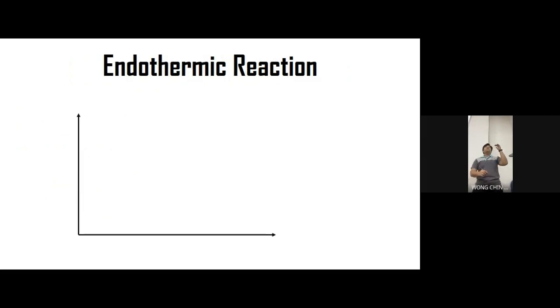If the bond forming just now is an exothermic, endothermic will be bond breaking. A very simple bond breaking is your water, all right, breaking into your hydrogen gas and also your oxygen gas. So if you involve something like this, your bond breaking, this guy, H2O, all right, pecah jadi hydrogen gas, pecah jadi oxygen gas.